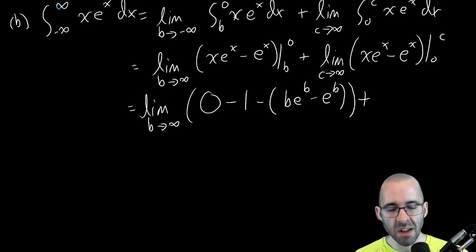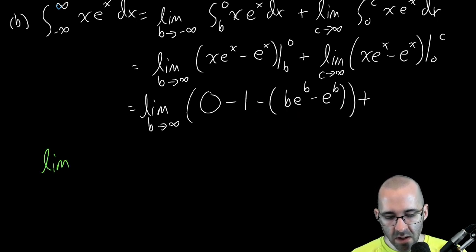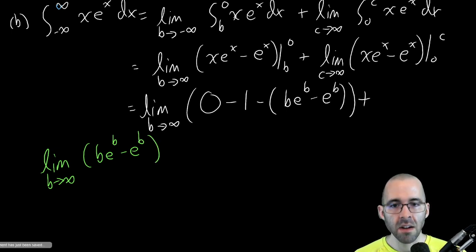Let's just look at this first limit before we go on. The limit as b goes to infinity of, we can worry about the negative or not worry about the negative, let's just look at the part in parentheses: b e to the b minus e to the b.